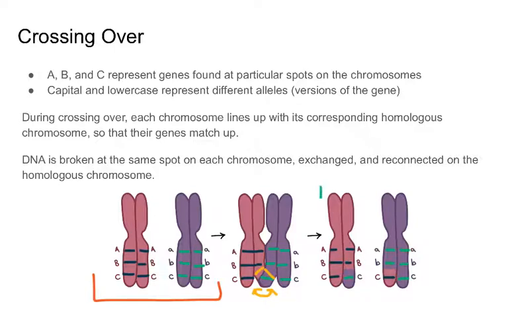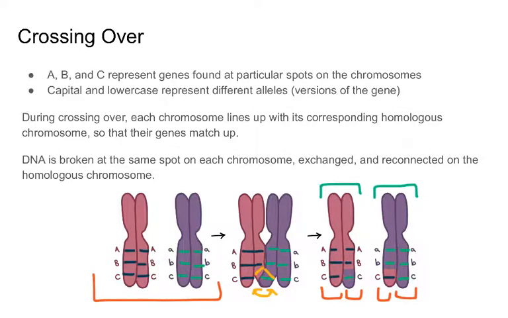So we've got one chromosome and a second chromosome, and within that, we've got one sister chromatid and a second one. Once crossing over occurs, the two chromosomes are no longer the same.